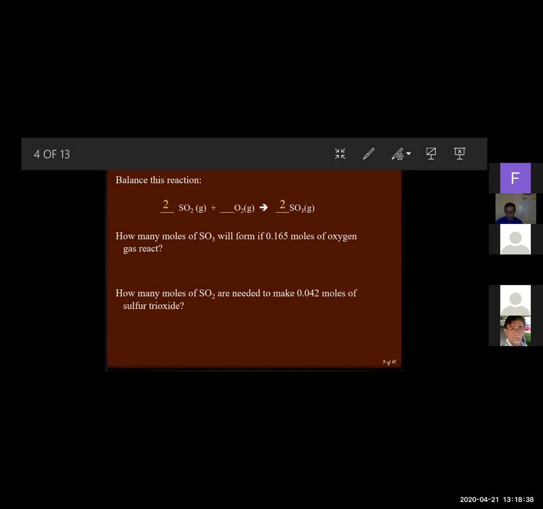Okay, and now my relationship is a 2 to 1 with respect to sulfur dioxide and oxygen. From sulfur dioxide to sulfur trioxide, that ratio is 2 to 2, or 1 to 1. And the relationship between oxygen and sulfur trioxide is a 1 to 2.